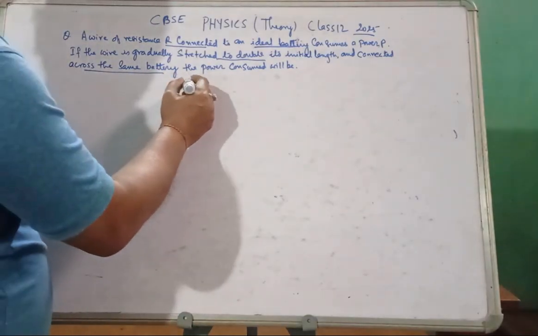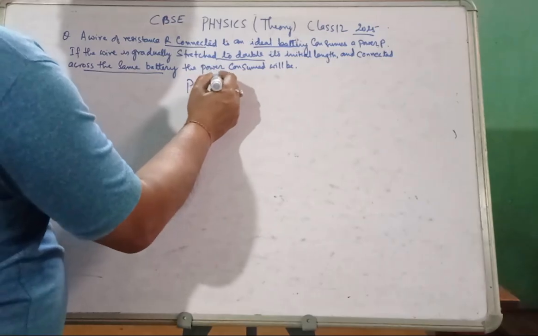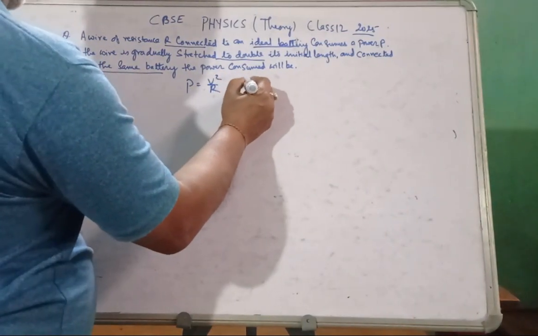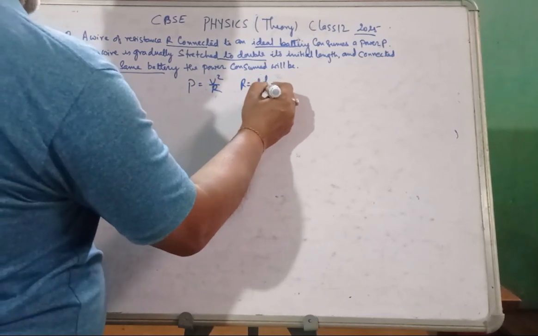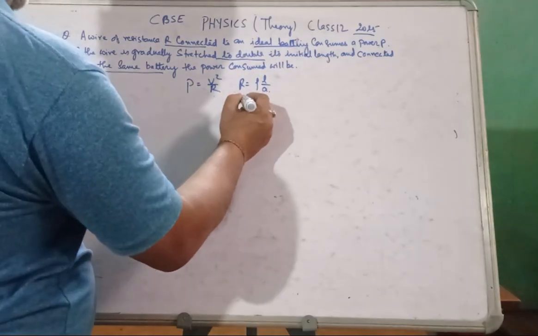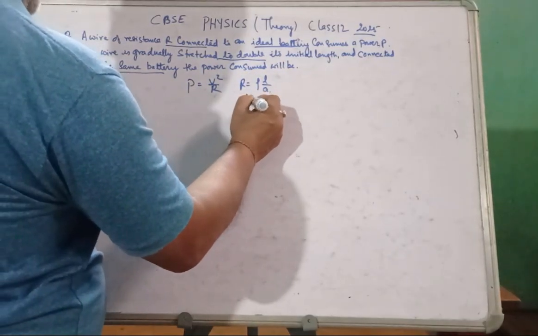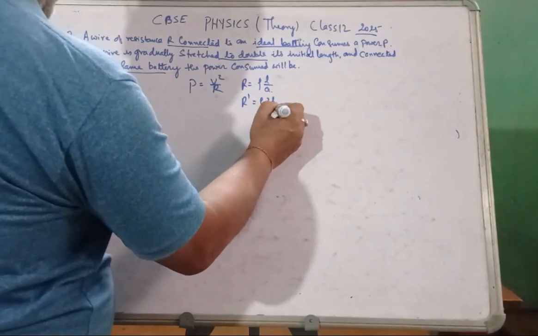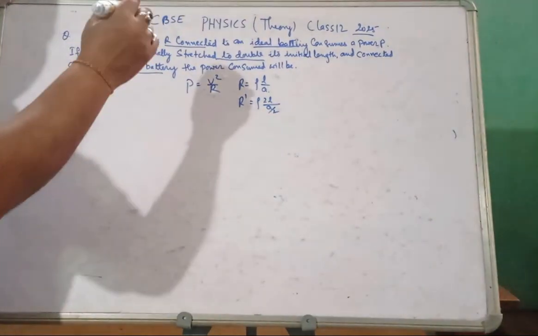So here you see that power is equal to V square by R, and R is equal to rho L by A. Now your length is doubled, so R dash will be rho twice L, and your area will become half, because the length is double.